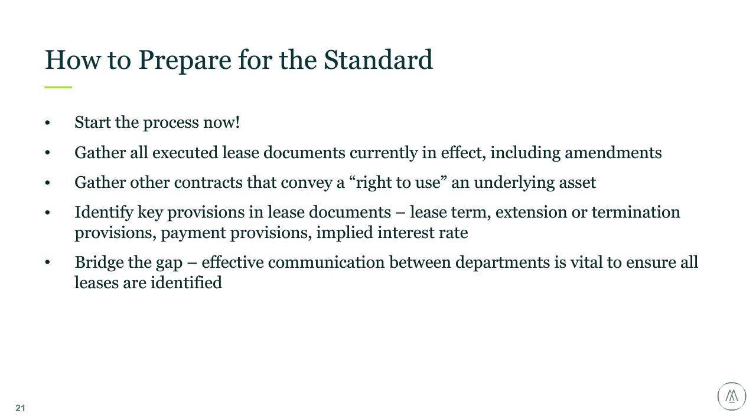And we'll talk a little bit about internal controls in just a moment, but establishing communication with the other departments that are involved with leases, whether that is your procurement group, if there are operational departments that enter into leases, anyone that has a say in how those leases are worded, it would be very good to educate them now on what's coming so that you can try to determine if there's a way to get your leases to be more uniform, or at least sets of different types of leases that can have some uniform provisions, just to make it easier later as you gather the information and perform these accounting journal entries.